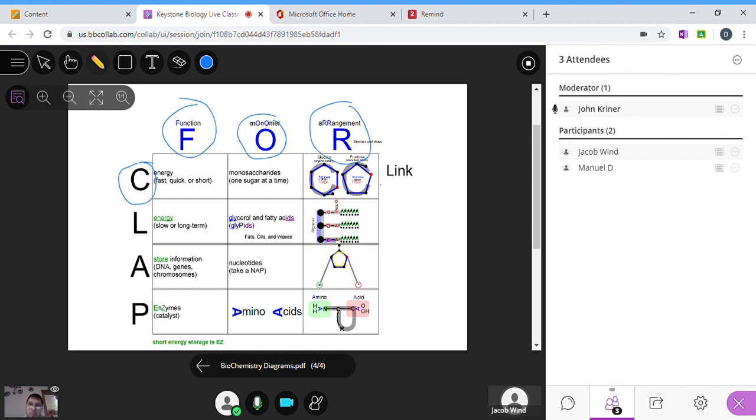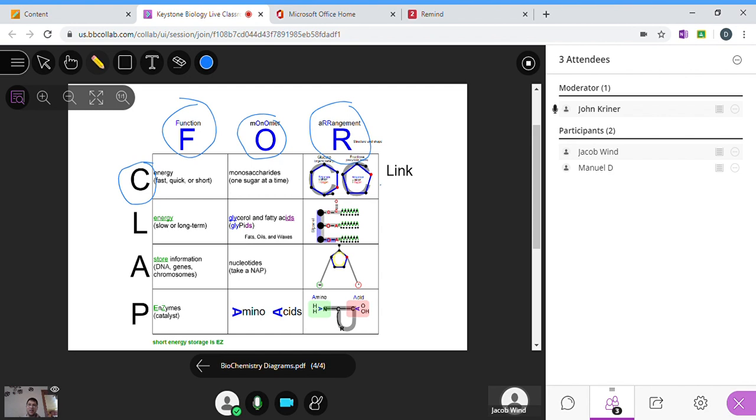See, mono means one. A monomer is a single small subunit. So what we find is these macromolecules of life are built from repeating small subunits. You take a small subunit and you link a bunch of them together.